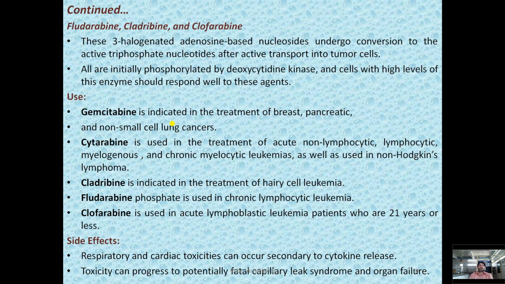So, basically all these molecules are used in hematopoietic cell cancers or cancers related to blood. Okay. Mainly the side effects are respiratory and cardiac toxicity, which can occur secondary to cytokine release. Toxicity can progress to potentially fatal capillary leak syndrome and organ failure.